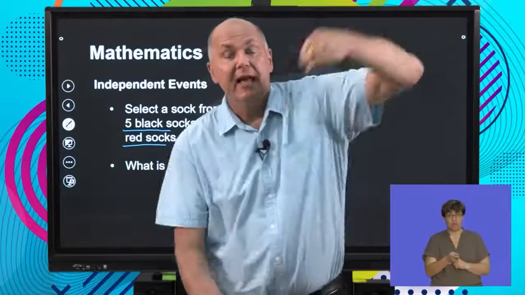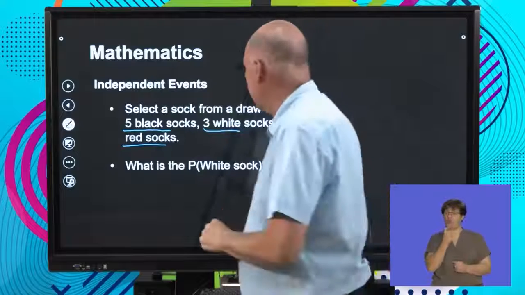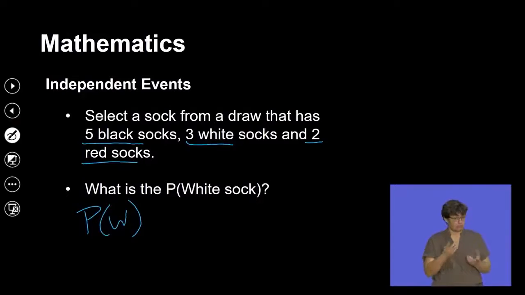And if we were to calculate the probability of putting our hand in and selecting randomly, and we wanted to know the probability of the white sock, we know that there are 10 in the total sample. The number in the sample is 10.